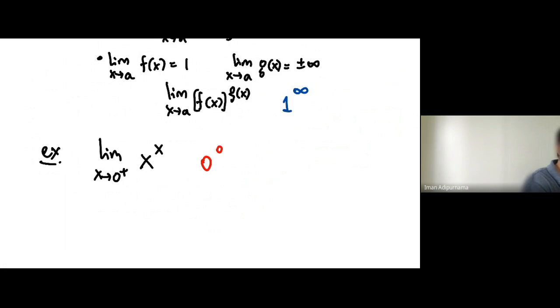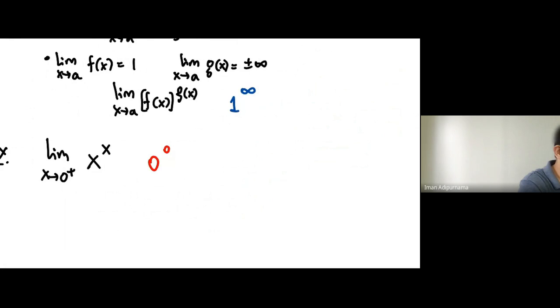First, we can take this x with power of x as some equation. So let's say we have y. We take the ln of y so that the x can be put down here, right? And after that, we can evaluate the limit. But remember, this is the evaluation of limit of ln.